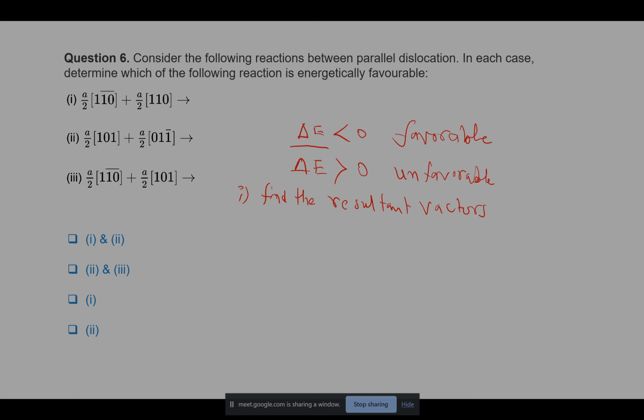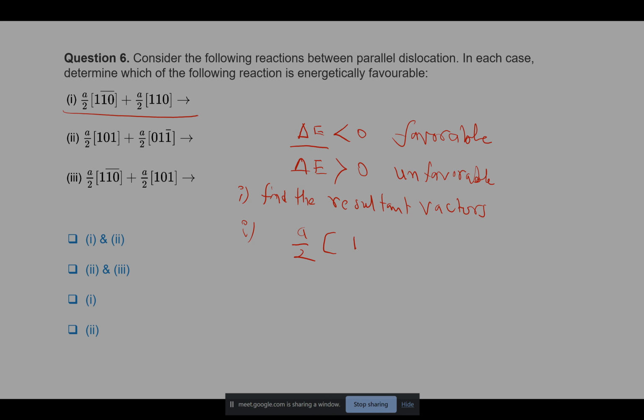First, we'll find out for this option. If we do just a resultant vector, it will be a by 2, and both will add.